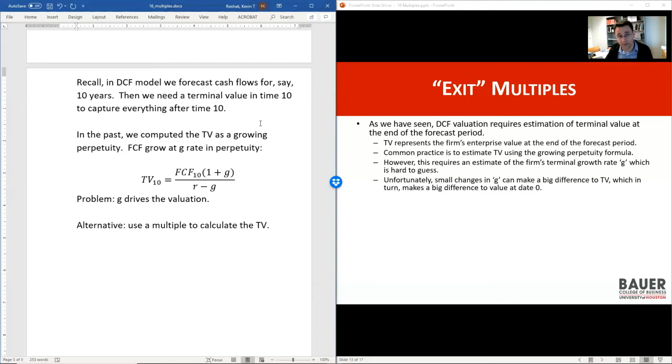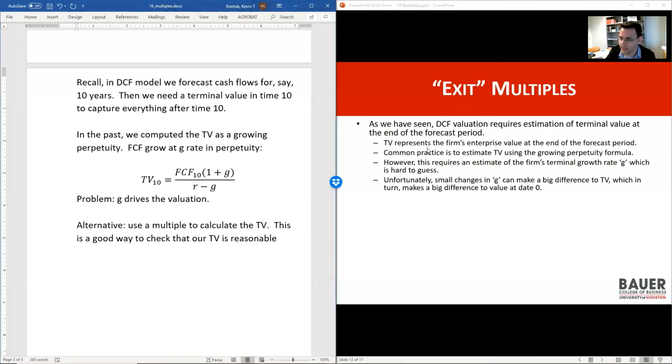With a multiple, we're able to get some extra information to see if what we're doing is reasonable. If the terminal value we get using the growing perpetuity setup is very different than the terminal value we get using a multiple, then we should be worried, right? Then we may want to revisit some of our assumptions.